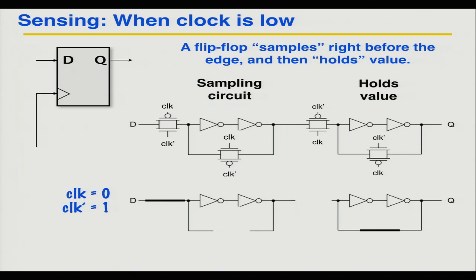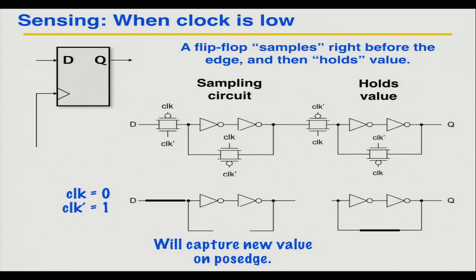Okay, and the old value is just held. That's why the clock is low. Then at the instant when the clock goes high, what we're doing here is getting ready to capture a new value because we know the rising edge of the clock is coming. So the new D value is coming in, and it's making it to this point. But we're still showing the old Q value at the output.